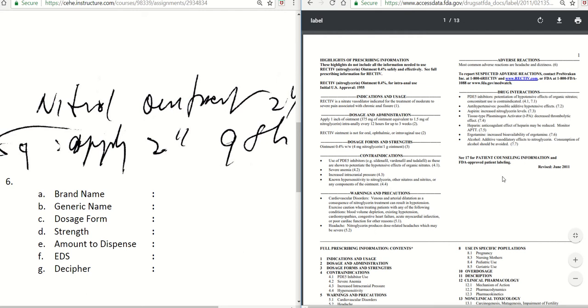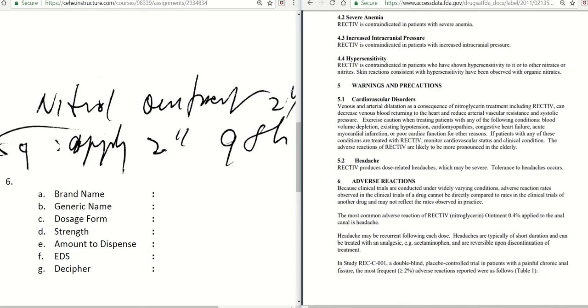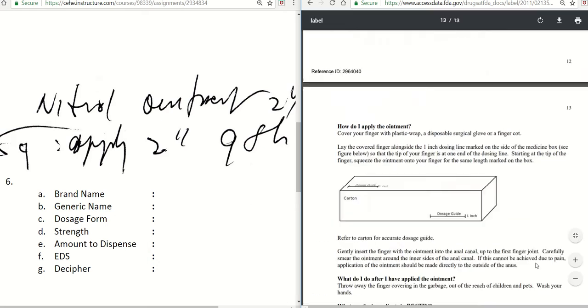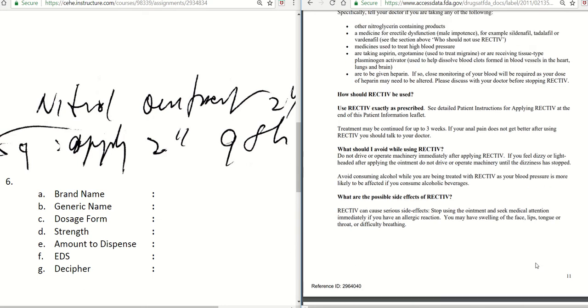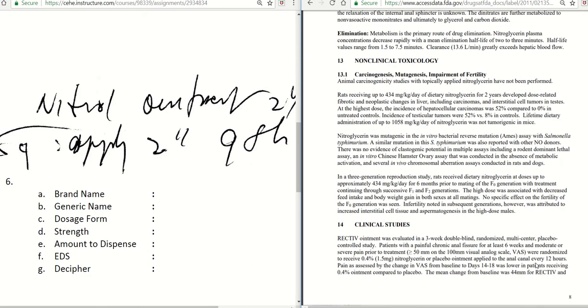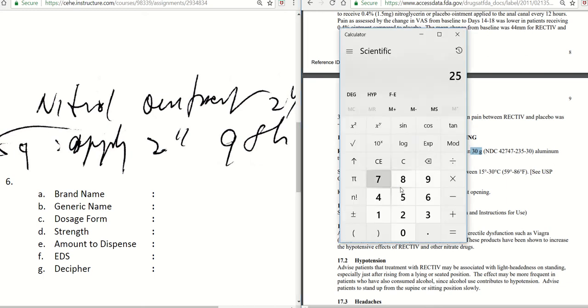Dosage form, warning, contraindication. How supplied is page 16. So on page 16 it says, no it doesn't. So it comes in 30 grams. That's it, 30 grams. So I guess we'll give them 1 tube.